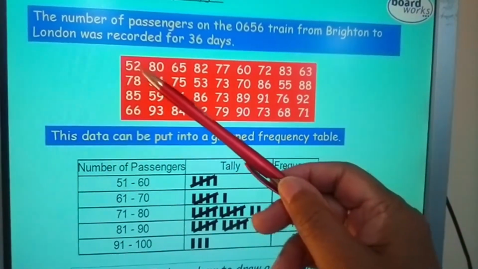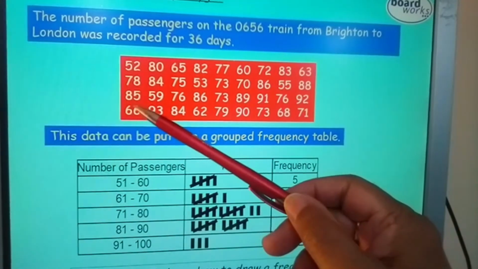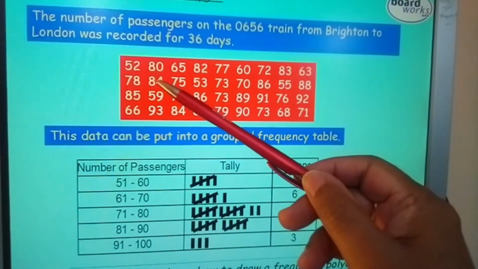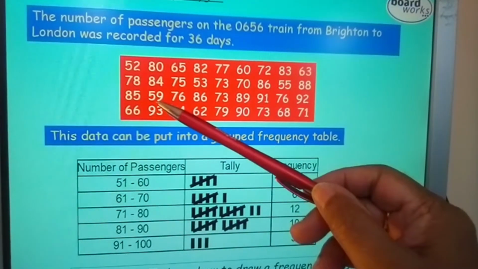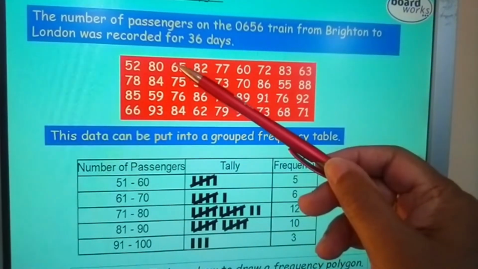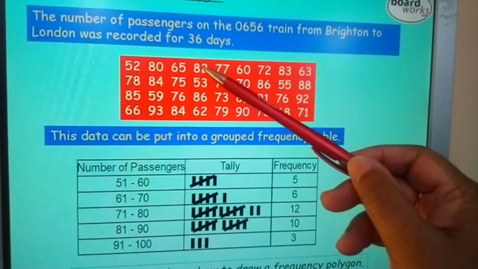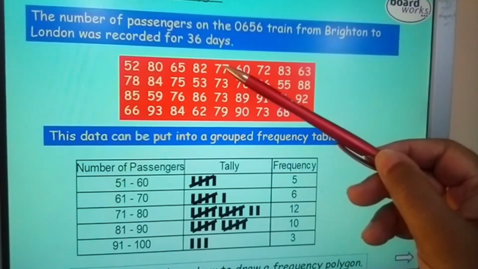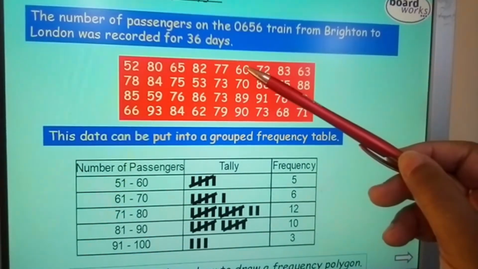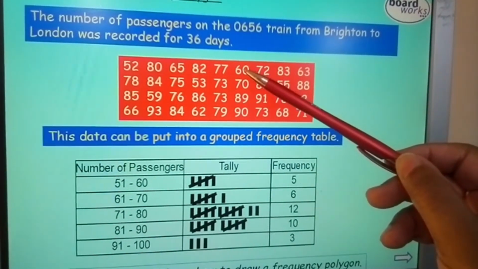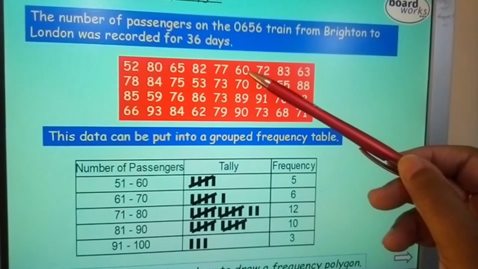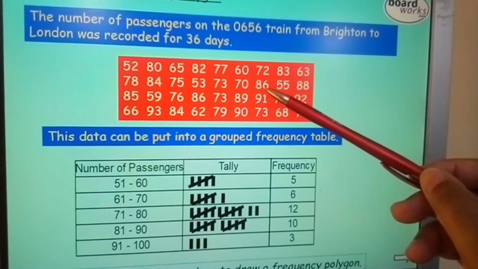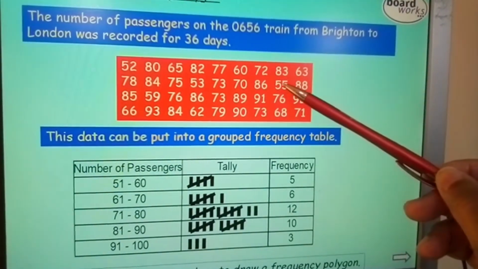Okay, 52 once, 59, yes, 2, 53, I give this 3, I give this 4, and that gives us 5.